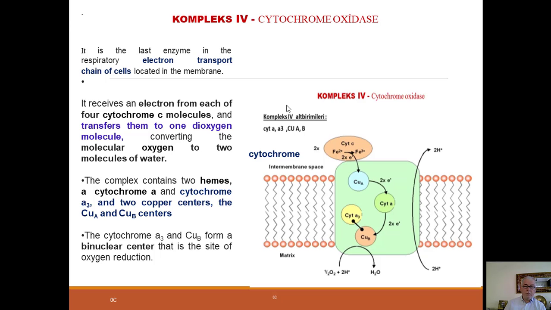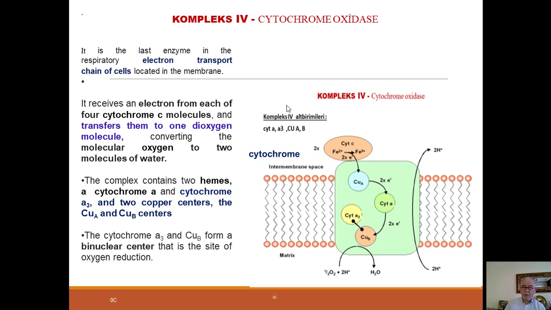When we look at the structure of cytochrome oxidase, the complex contains 2 hemes, cytochrome a and cytochrome a3, and 2 copper centers, copper A and B centers, and cytochrome a3 and copper B form a binuclear center that is the site of oxygen reduction.